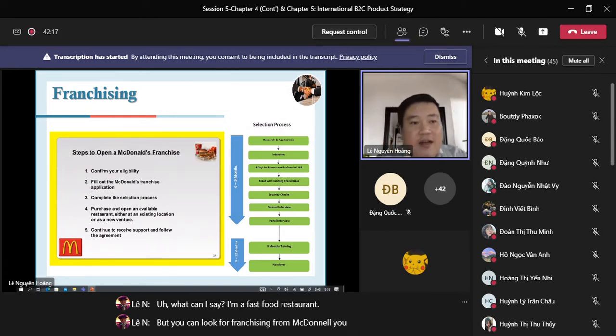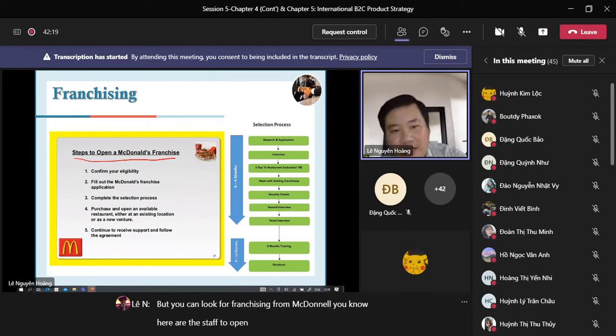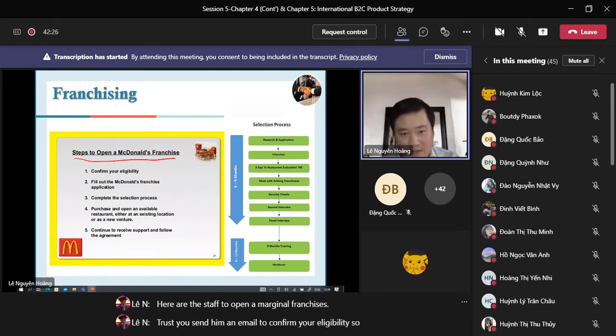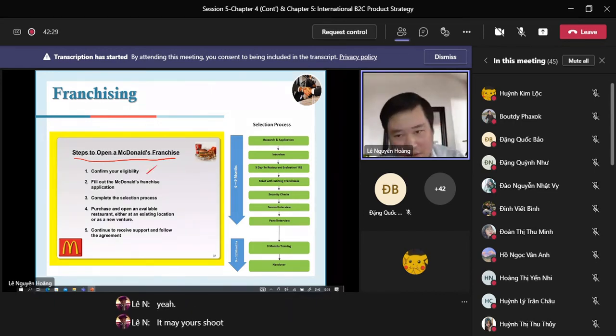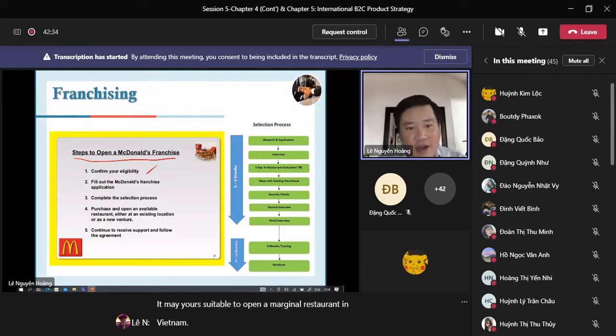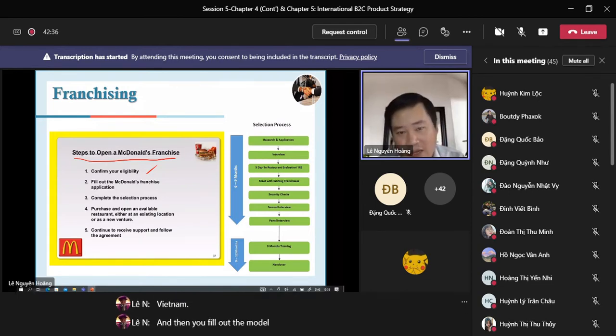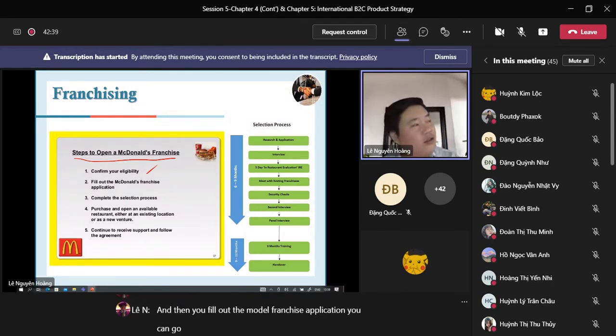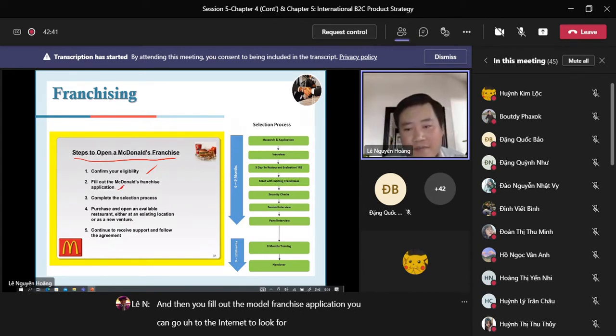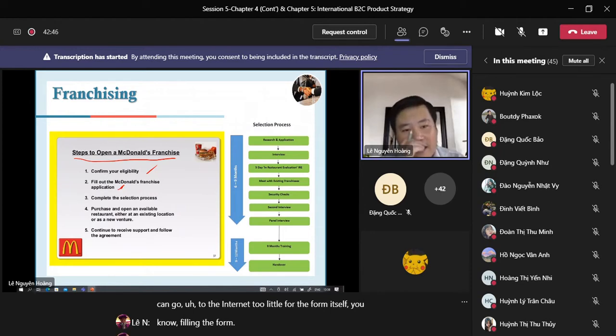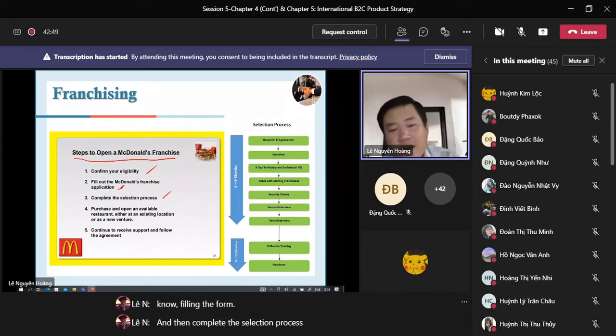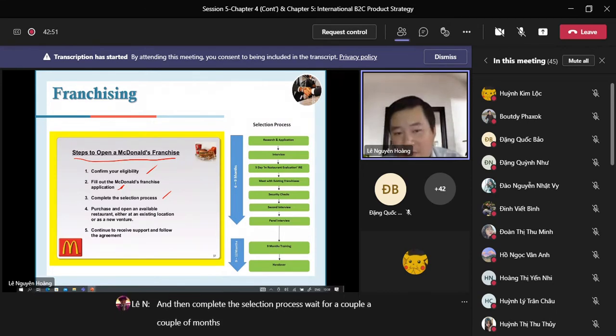Here are the steps to open a McDonald's franchise. First, you send them an email to confirm your eligibility. It means you're suitable to open a McDonald's restaurant in Vietnam. And then you fill out the McDonald's franchise application. You can go to the internet to look for the form. Just fill in the form, and then complete the selection process. Wait for a couple of months for the reply.